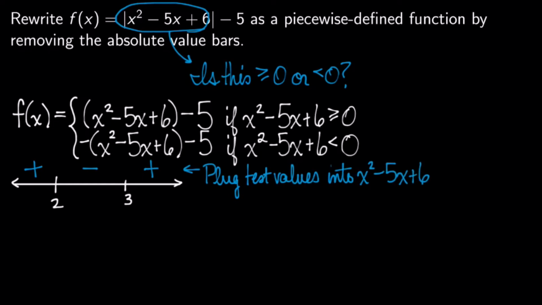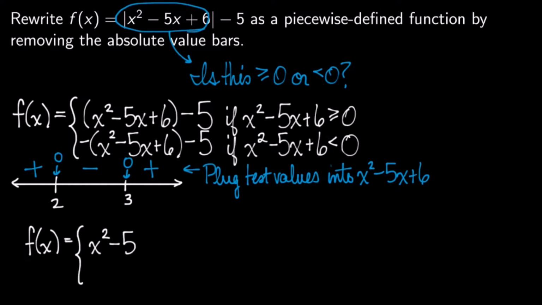And so grab any test values you like. Do not grab 2 or 3. Grab 1, 2.5, and 4, I think are the best ones. And you plug them into the quadratic and find out if you get a positive or negative. And so these are my results, plus, minus, plus. Additionally, when I plug in 2 or 3, I literally get 0, right? So actually 2 and 3 are going to be included in the first pile of numbers.